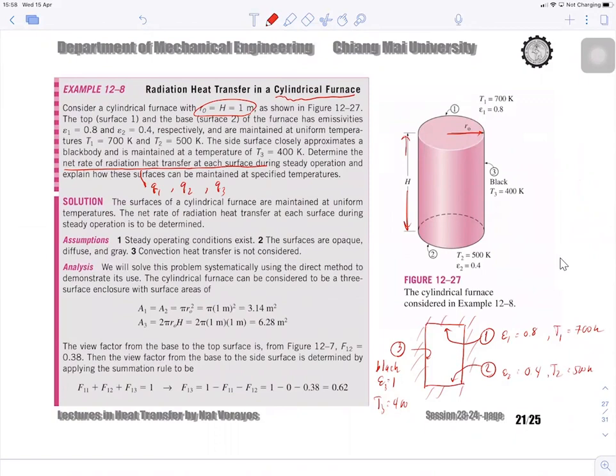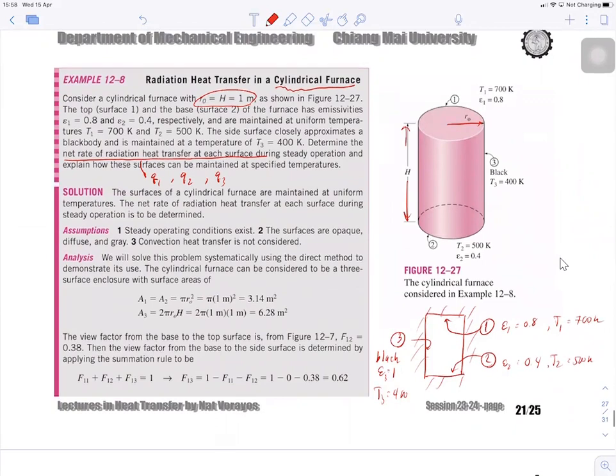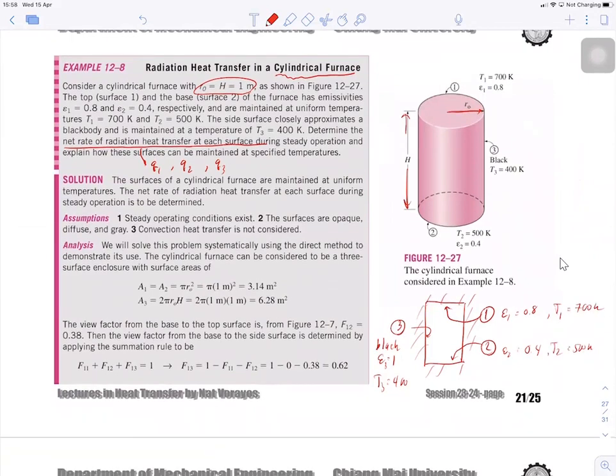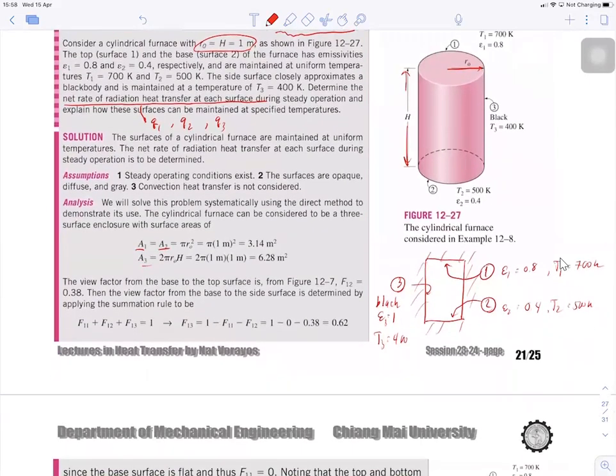Okay, the heat which must be supplied or taken away from each surface in order to maintain the temperature constant at each surface. You know that you can find A1, A2, and A3, right? Take a look at the numbers by yourself. I will not go into the detail, just to get the idea. You know how to find the area of the circle, which are for A1, A2. You can find the lateral surface A3 anyway, right?